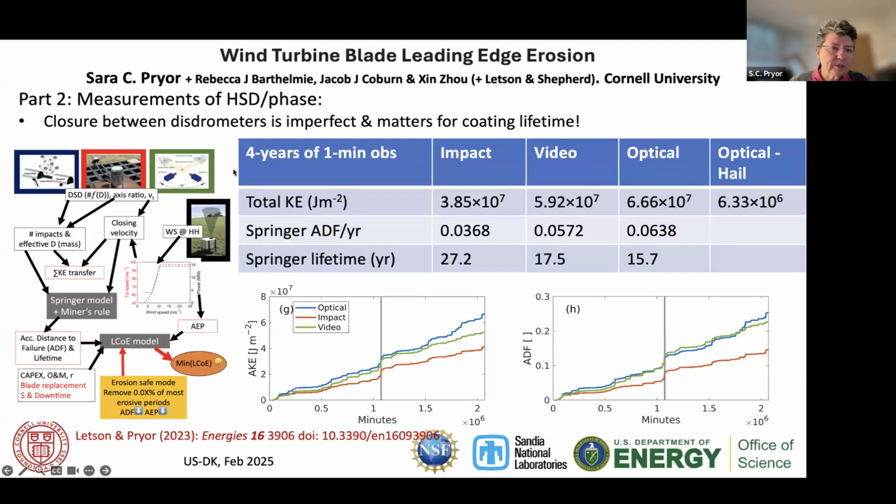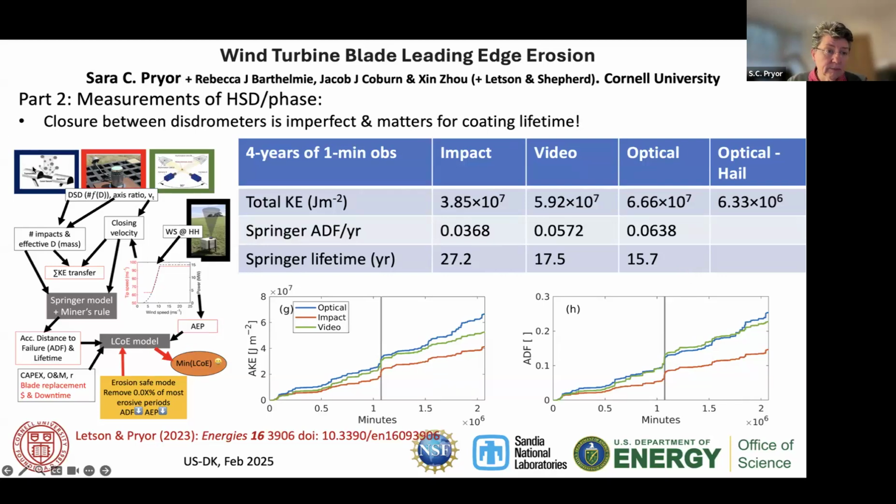But when we put the time series of disdrometer measurements into the Springer model, along with wind speeds now from a LiDAR, so no extrapolation is needed, we can do an analysis that says, over 4 years, what's the accumulated distance to failure per year? What's the coating lifetime?